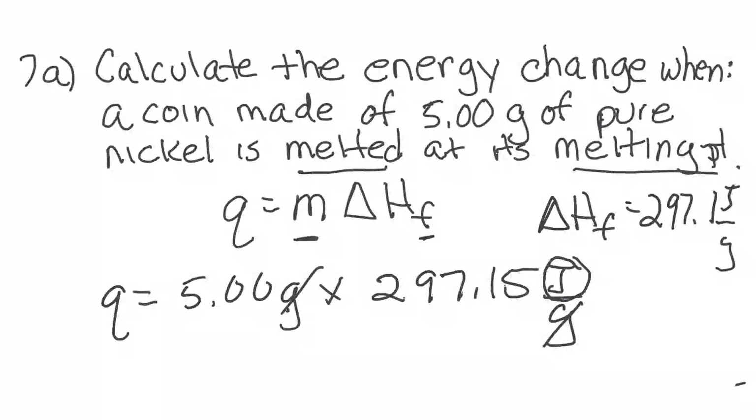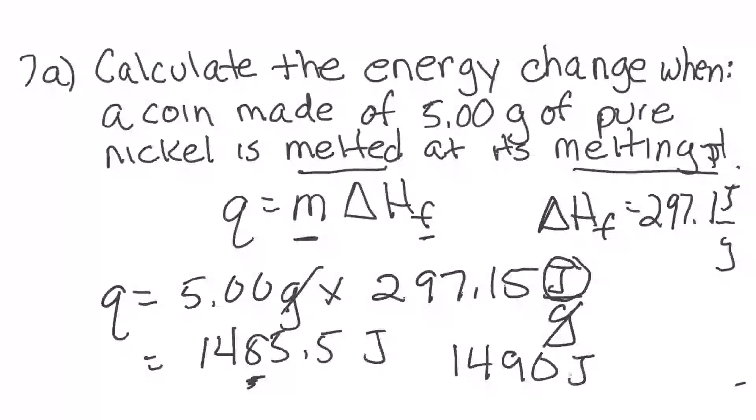So I need to get out the calculator, and I get an answer of 1,485.5 joules, but that's way too many sig figs. I only need 3 sig figs. So 1, 2, 3, I've got around here. This is more than half, so it's going to be 1,490 joules.